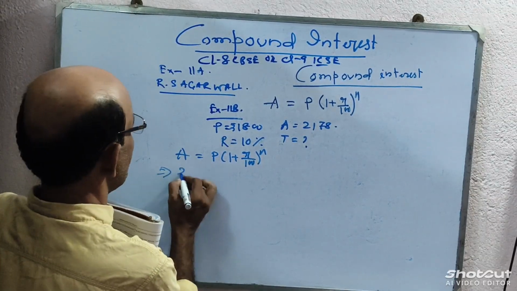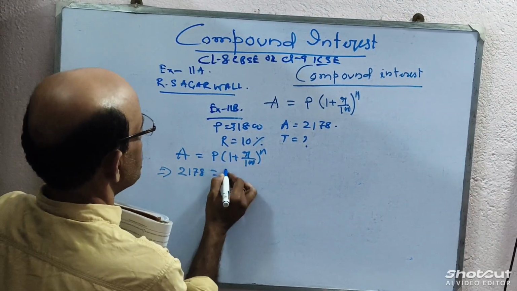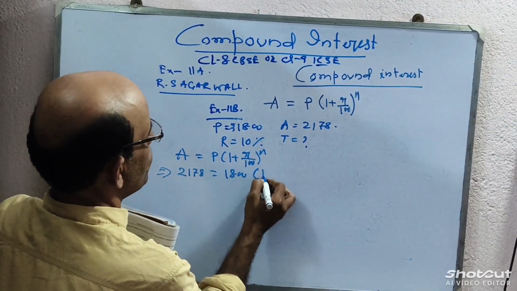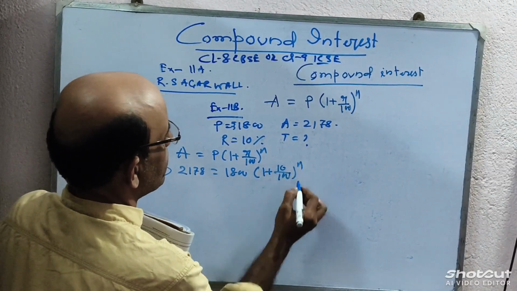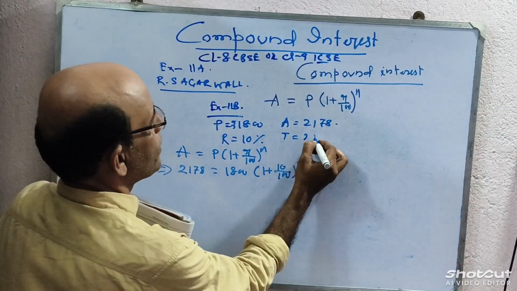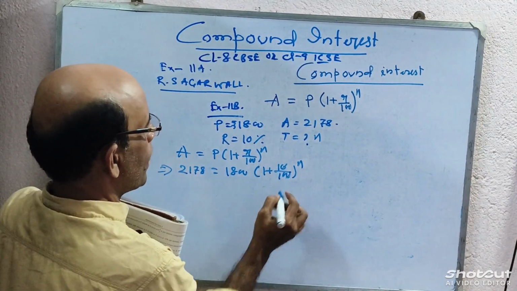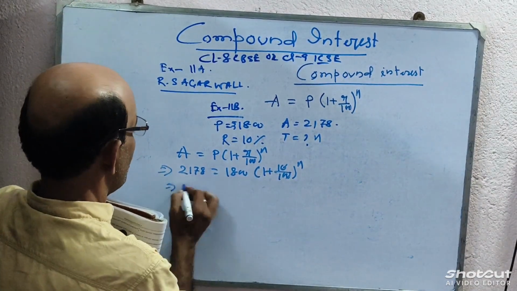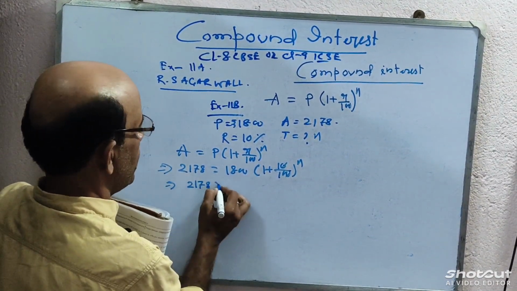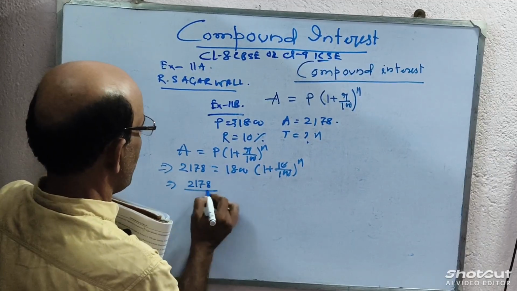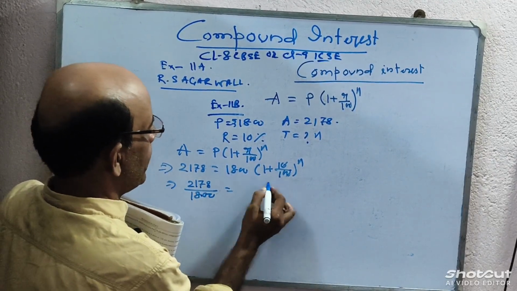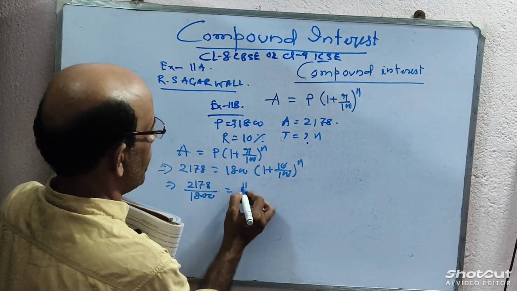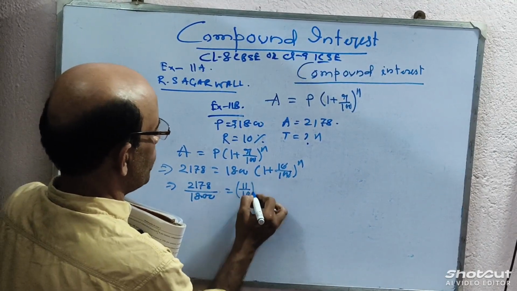Amount means 2178, principal 1800 into 1 plus 10 by 100, calculate it, 1 by 10. Therefore 2178 divided by 1800 is equal to 10 plus 1, 11 by 10 whole to the power n.